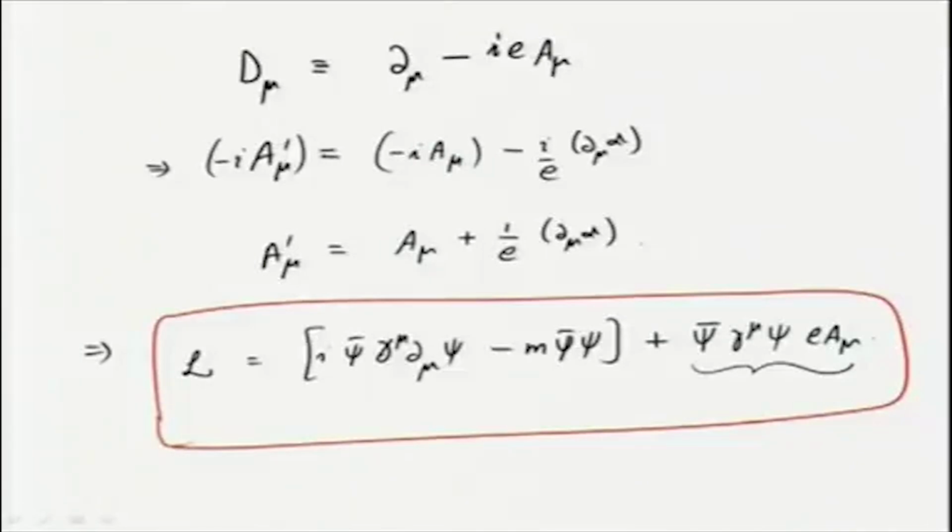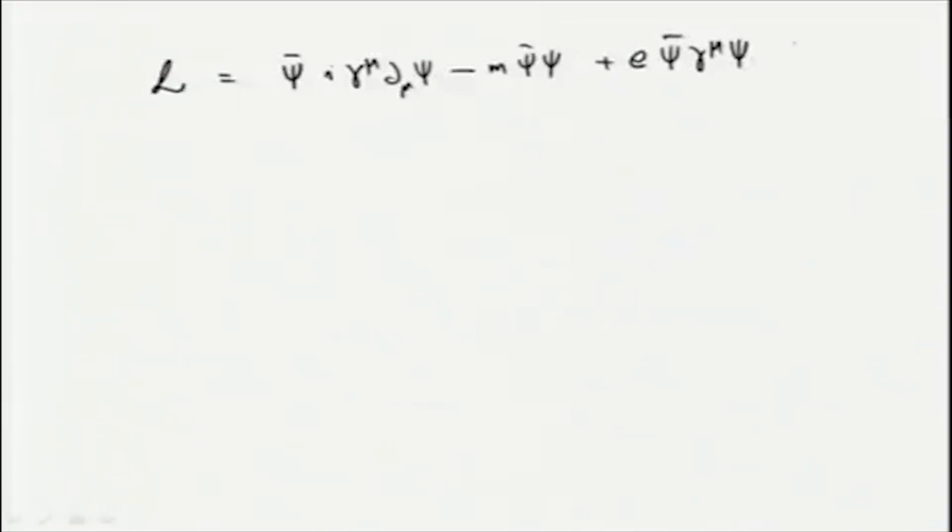So, to do that, what we have to do is to introduce another term which will give you the rest of the Maxwell's equation. So, psi bar gamma mu dou mu psi minus m psi bar psi plus e psi bar gamma mu psi A mu is what I have. I add 1 over 4 f mu nu with this.